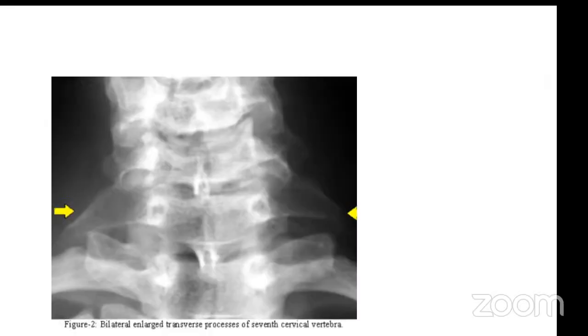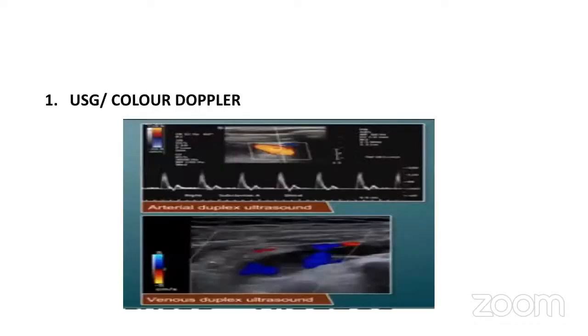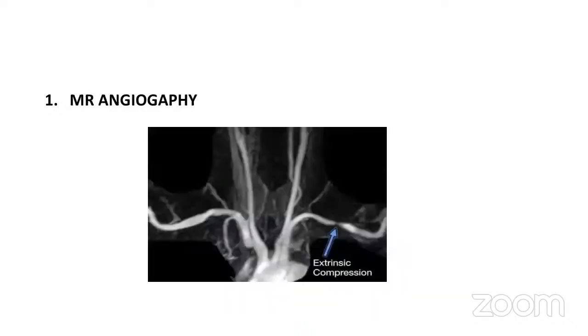Now MRI and CT scan are also done to rule out cervical myelopathy and PIVD. Then USG color Doppler. This is used to know the vascular status. If there is any occlusion or stenosis, you are able to know by this. Now next, MR angiography.